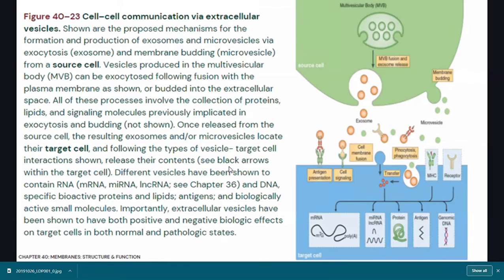Okay, so depending on the target cell, whether those materials are hormones, antibodies, it all depends also on the target cell. Okay.